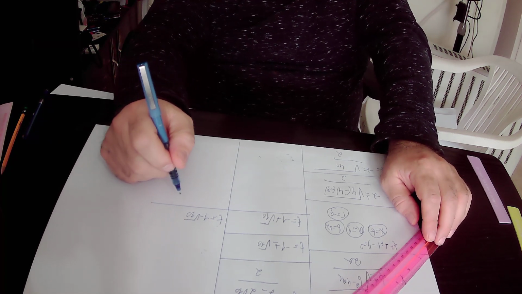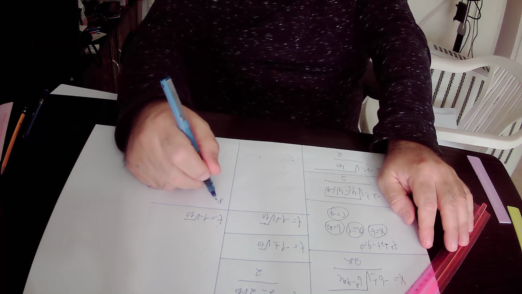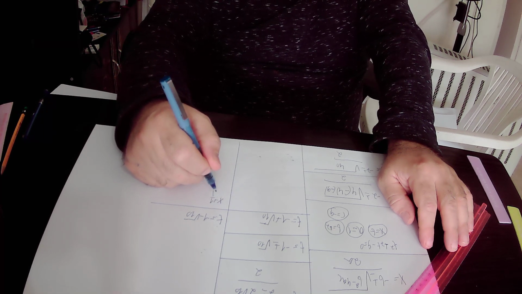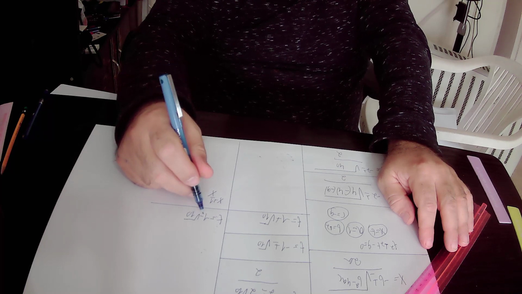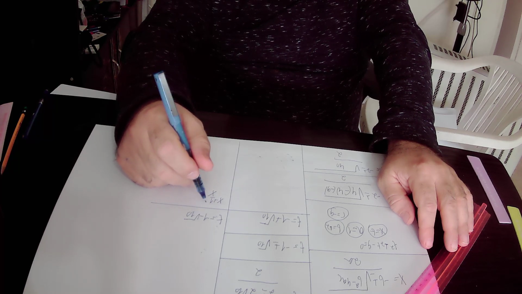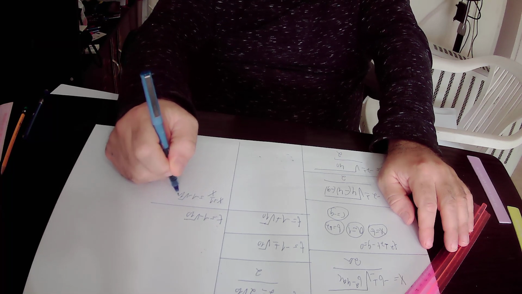T is equal to x plus 1 over x according to our definition. And here we got that t equals minus 1 minus square root of 10.